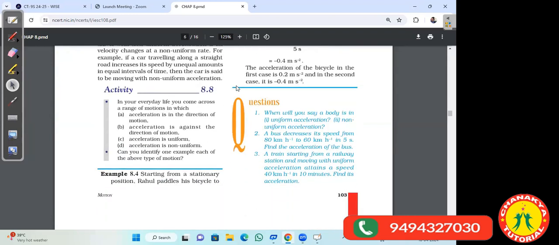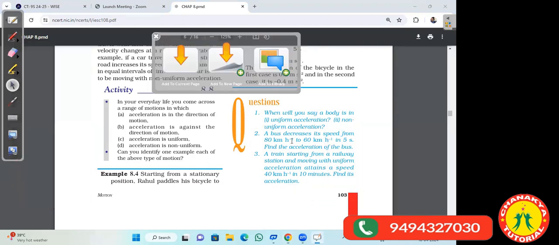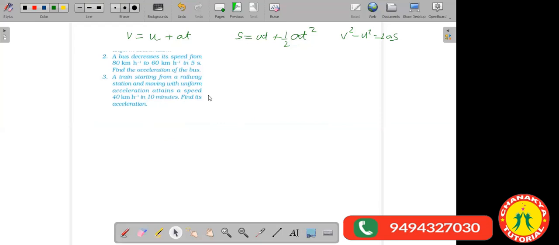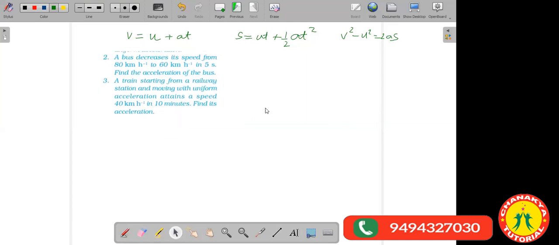We start with this question 2. A bus decreases its speed from 80 kilometer per hour to 60 kilometer per hour in 5 seconds. Find the acceleration of the bus.